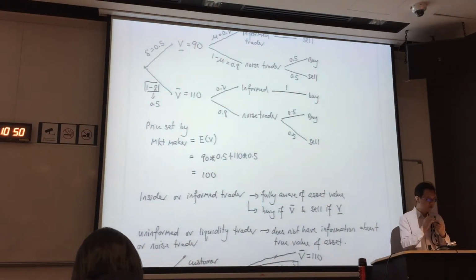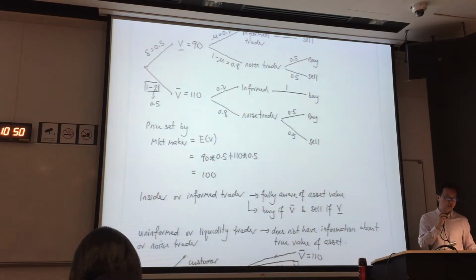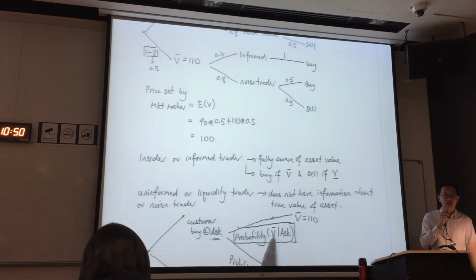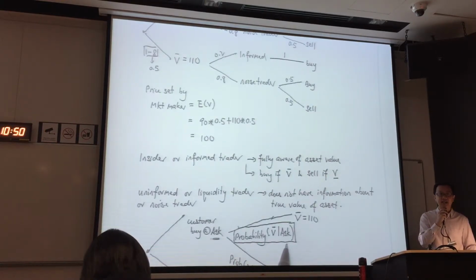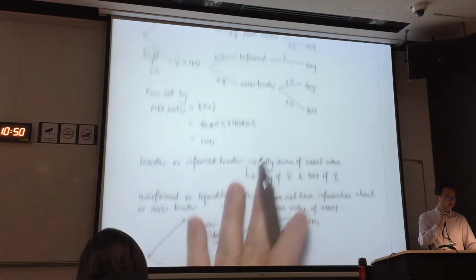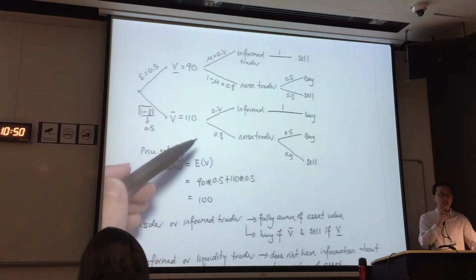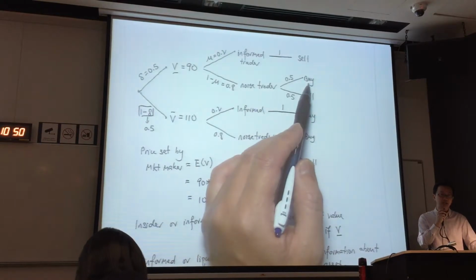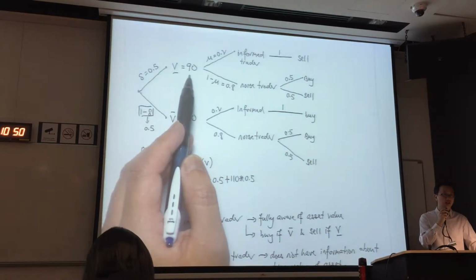So what we would like to know is the probability that the value is high if the customer chooses to buy at the ask. But when you look at the tree diagram, it's the opposite. We know that the customer is buying where the value is high.